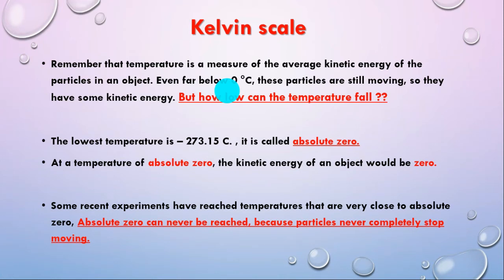So the question is, how low can the temperature fall? The lowest temperature is negative 273.15 degrees Celsius. We call it absolute zero. Why do we call it absolute zero?